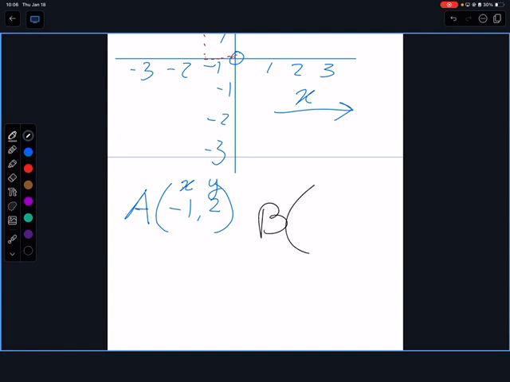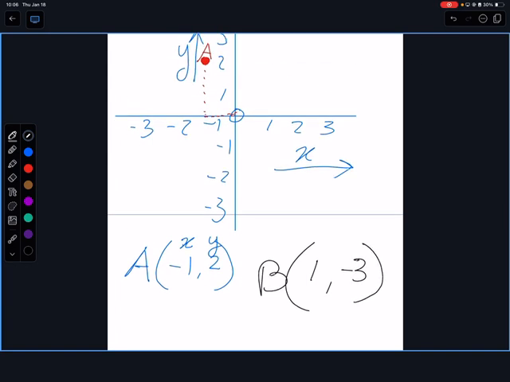If I give you another coordinate saying 1, -3, the first value is on the horizontal axis. The next value is on the vertical axis. So 1 has to be on this line, which is here.